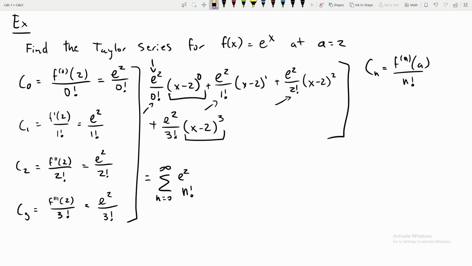And then, actually, I'm going to make this a little bit smaller. So after that, these are the coefficients, but then we see this x minus 2 right here, and it's raised to the power of first 0, then 1, then 2, and then 3, meaning it's variable, so it's n. And then this is now the Taylor series for this function centered at a equals 2.